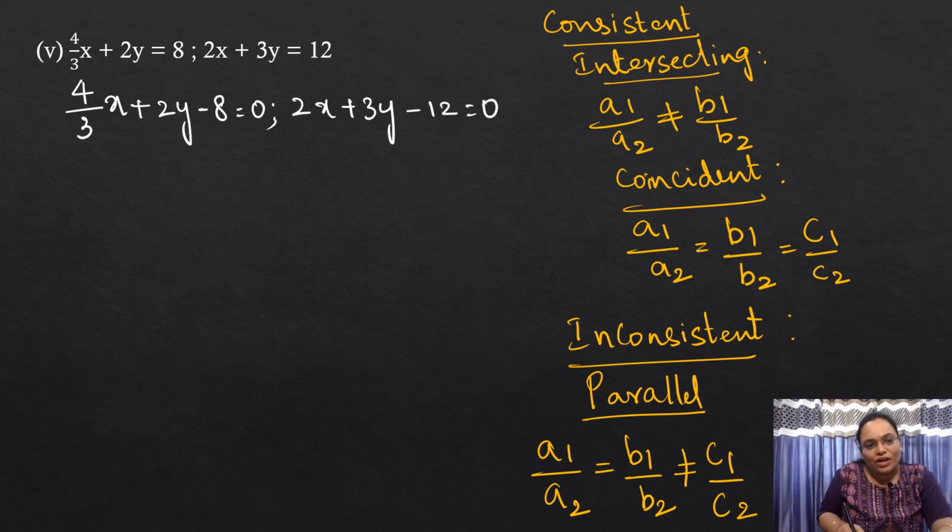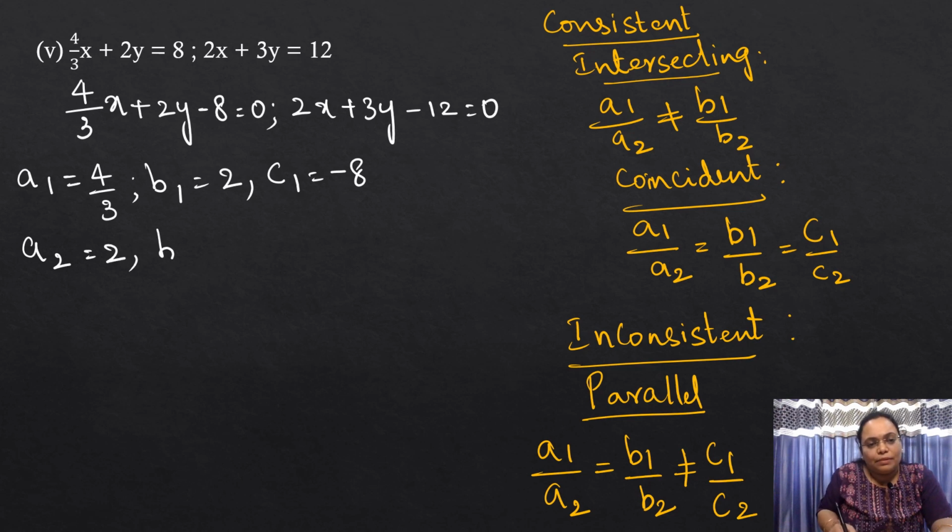Comparing these two equations, you will get a1 is equals to 4 by 3, b1 is equals to 2, c1 is equals to minus 8. a2 is equals to 2, b2 is equals to 3 and c2 is equals to minus 12. Now let us find the ratios.